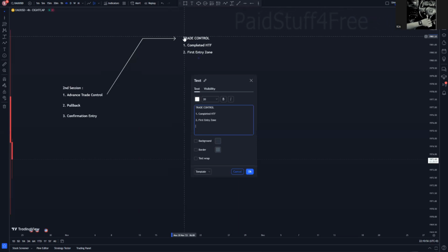Number 3, roadblocks, which we call our retracement entry. And number 4, re-entry, which is continuous entry. All right. So number 1, number 2, number 3, number 4.